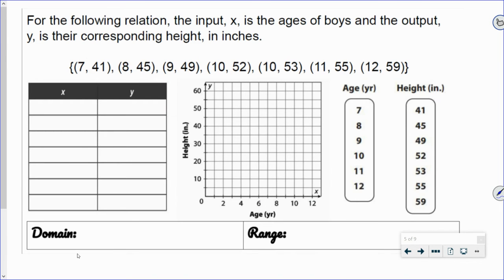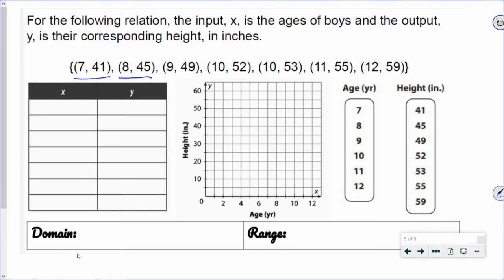Let's look at another example. For this relation, we're comparing boys' ages to their height. Okay, so if I look at my information, my relation here, if a young man's 7 years old, I've measured him, he turns out to be 41 inches high.